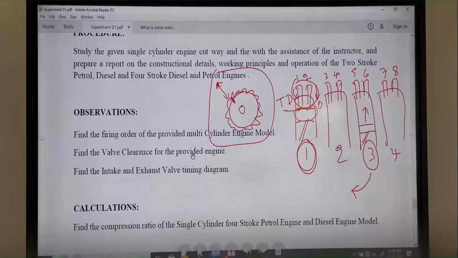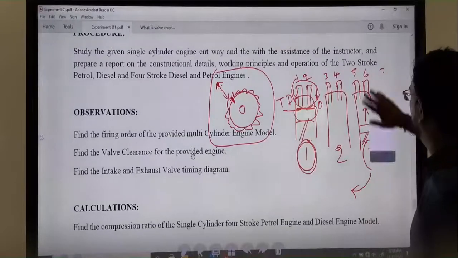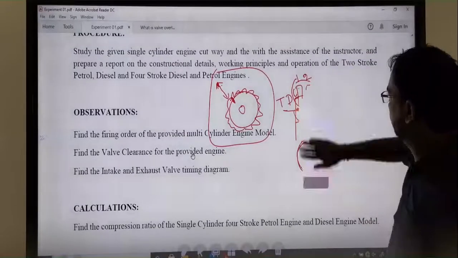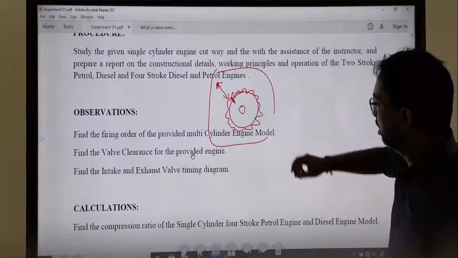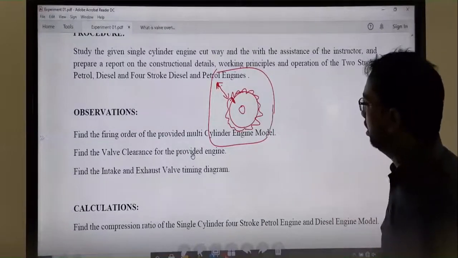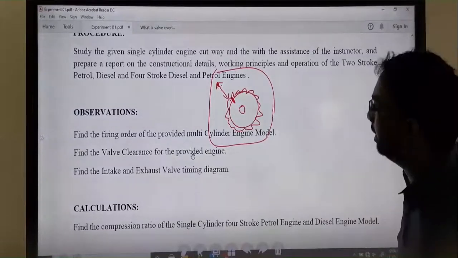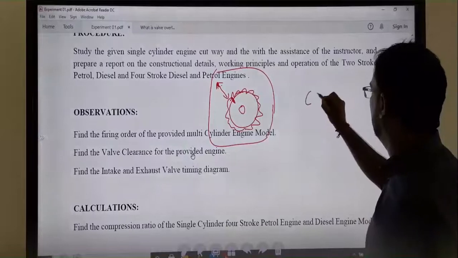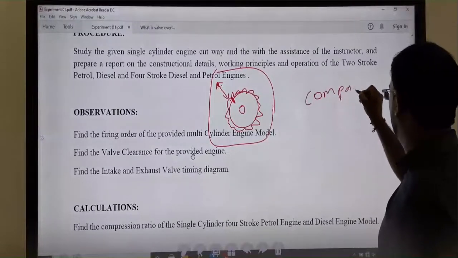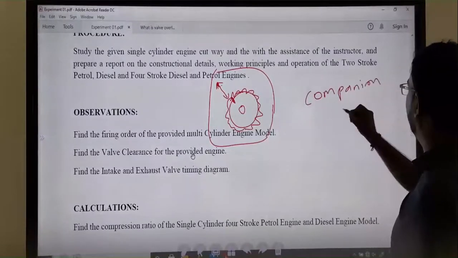Okay, so there are two methods to do valve clearance. The first method is called the companion cylinder method.